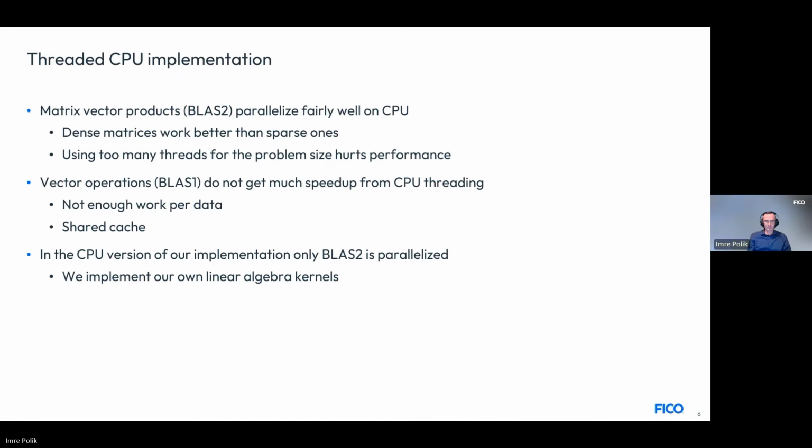So a lot of implementations don't even parallelize BLAS1 routines, and as I said, there's not much speed up from that. In our implementation, only the BLAS 2 calls are parallelized, so only the matrix vector multiplications in each iteration. And we don't use off-the-shelf routines. We implemented our own linear algebra kernels to have some finer grained control over it.